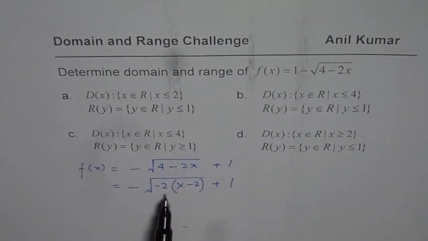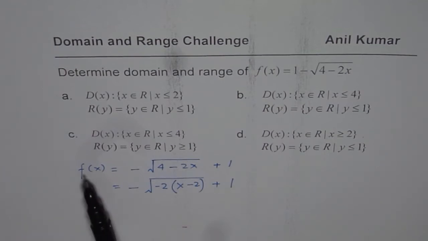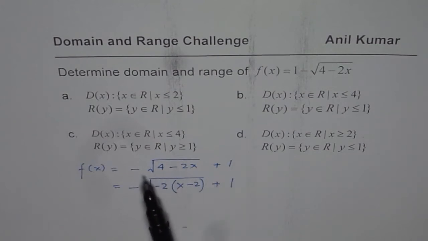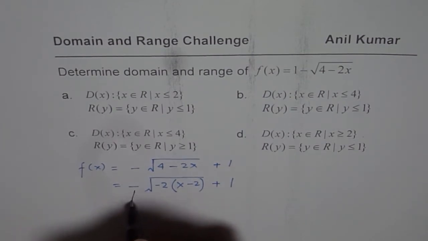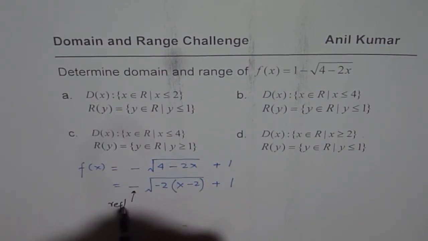Now you can actually sketch and write down the domain and range, and you will definitely get the correct value. That is one way to do it. What I will suggest is, we can look at the function, and we know this function has a value 1, and this negative means the reflection on x-axis.